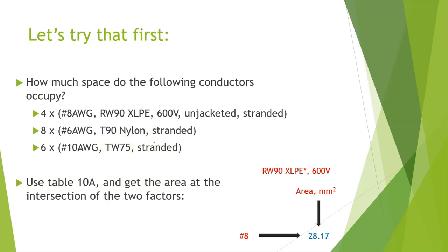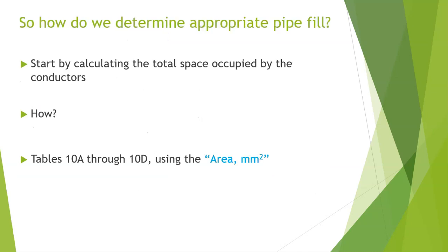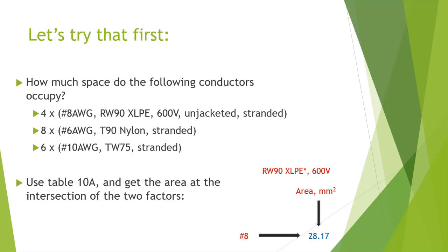So what you have to do then is go to the appropriate table for those cross-sectional areas, and as I mentioned in the previous slide, those tables are tables 10A through 10D. 10A being for stranded, 10C being for solid conductors, and those two are really the two that we use most often. So in this particular problem, because all of our conductors are stranded conductors, we're only going to use table 10A.